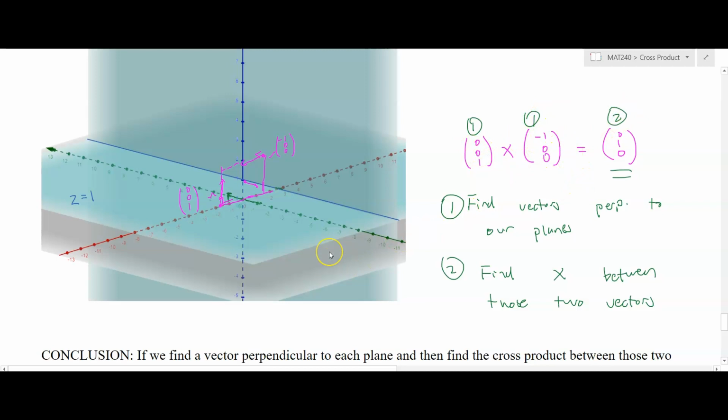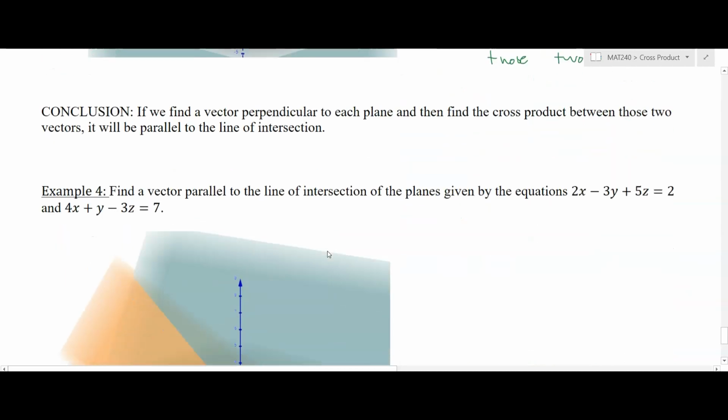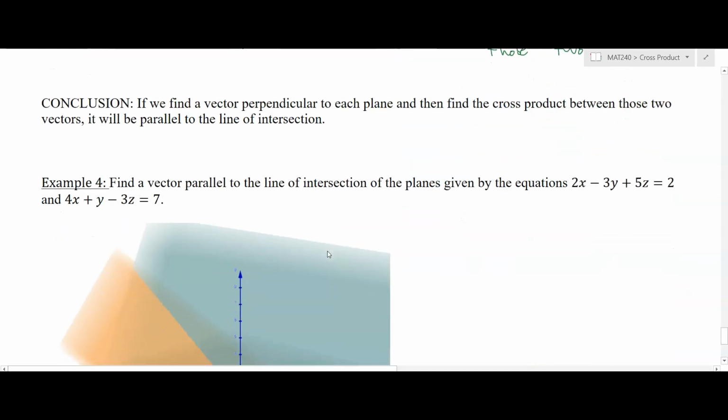Now, given the equation of two planes, this is actually a lot easier than it sounds. To find a vector that's perpendicular to that plane, all we need to do is think about this equation, 2x minus 3y plus 5z equals 2.